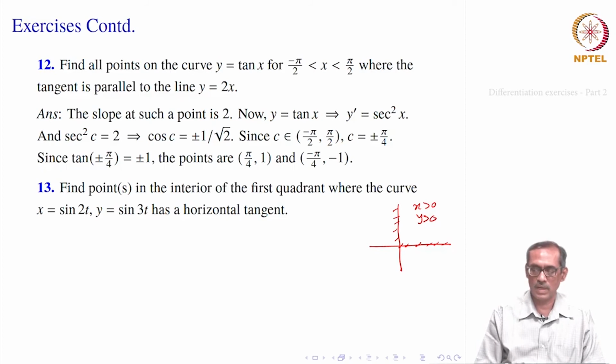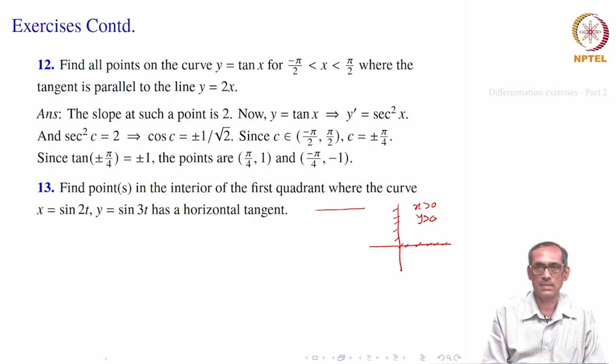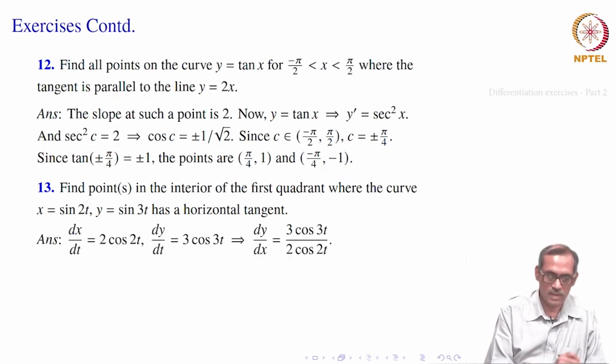Interior of the first quadrant, where the curve x equal to sin 2t, y equal to sin 3t, given parametrically, has a horizontal tangent. So, the tangent should be something like this, okay, y equal to 0, that should be the tangent. So, slope must be 0. So, we will find the slope.